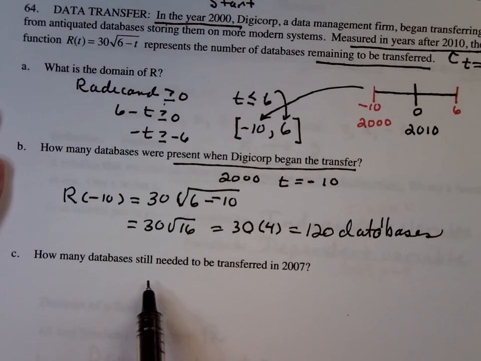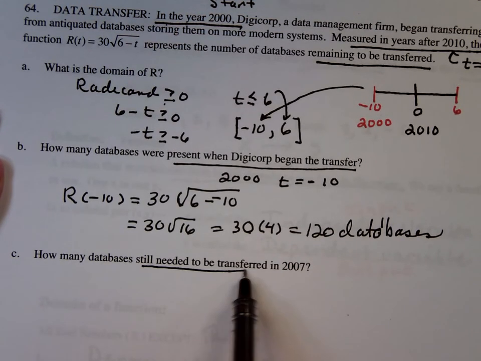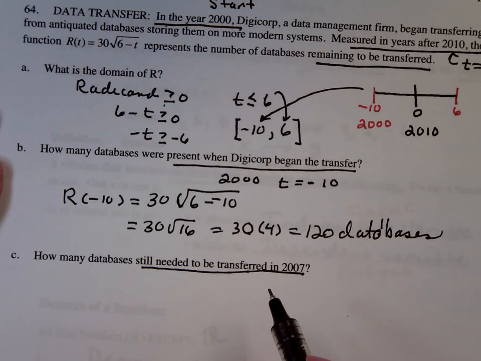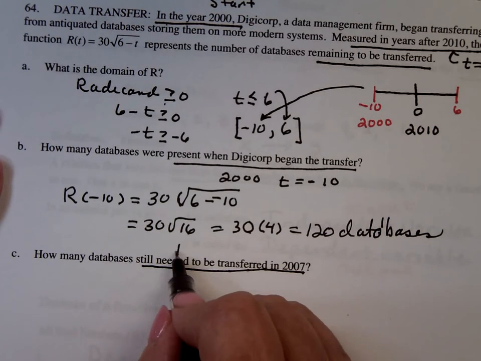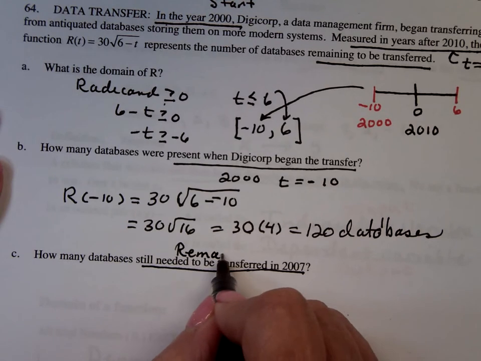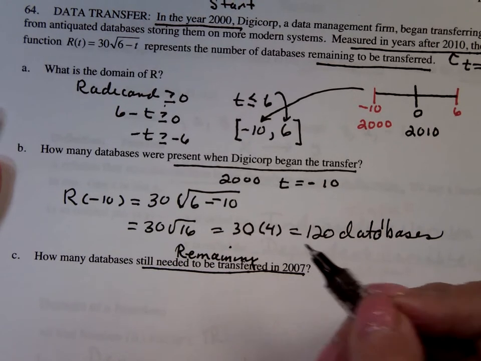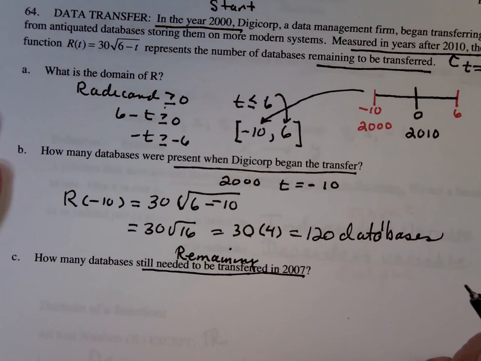How many databases still needed to be transferred? Need to be transferred. This is remaining. And that's what that formula gives me, right? It's the number that's remaining.